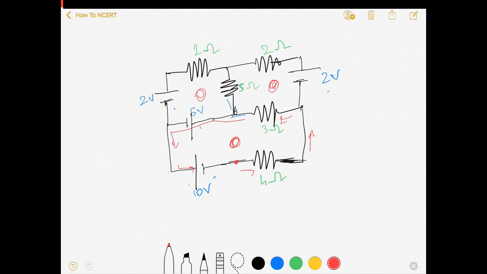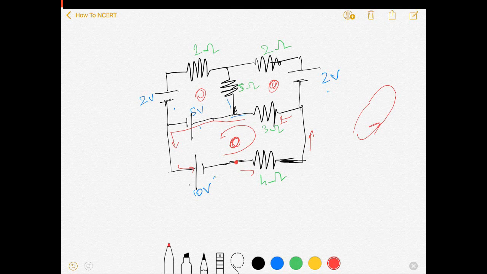My change in potential in one full loop when I traverse around it is going to be zero. And that makes sense, right? You're starting from the same position and you're coming back. My change in potential when I go from one place and come back to the same place is going to be zero.